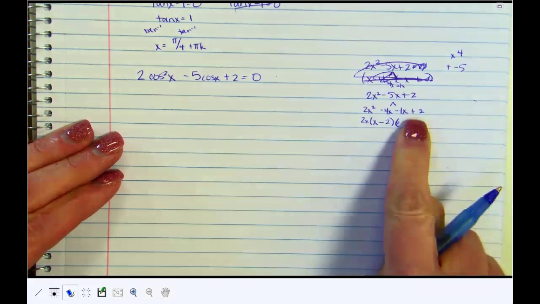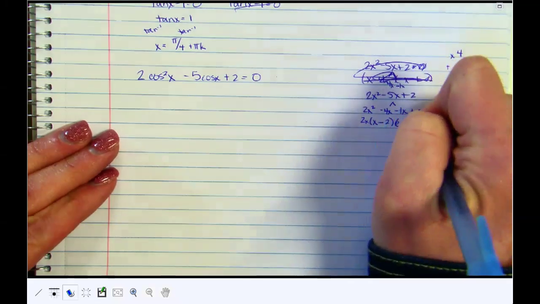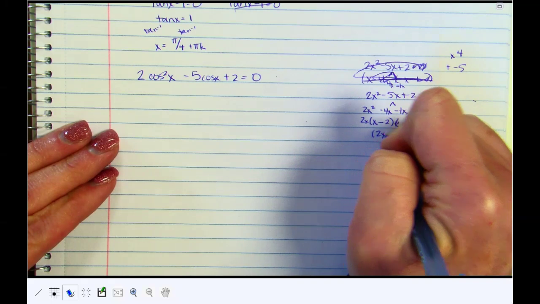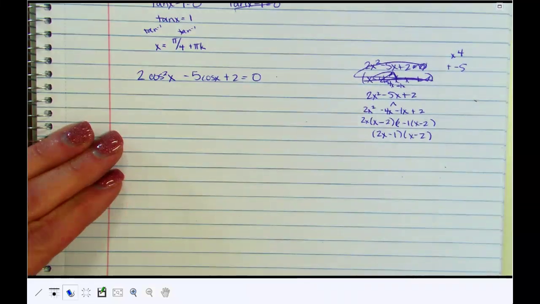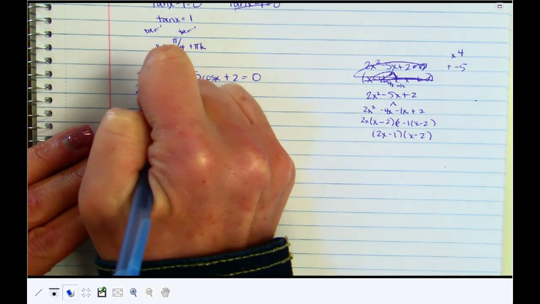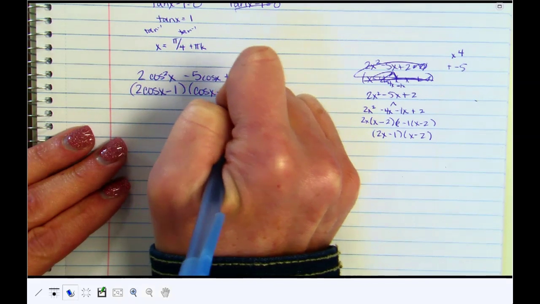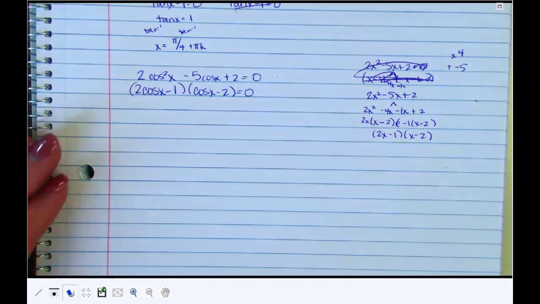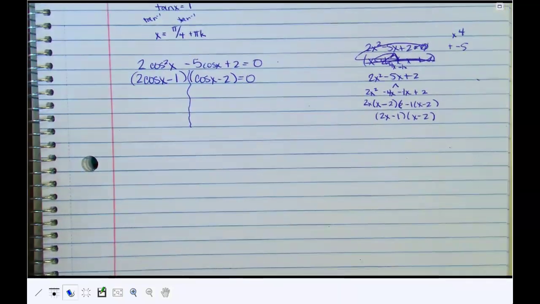This needs to be an x minus 2 over here. What do you undistribute? Negative 1, and then x minus 2. So then you have 2x minus 1 and x minus 2. Bring that back over here, because you're solving 2 cosine x minus 1 times cosine x minus 2 equals 0. Okay, go ahead and do that for me, please.